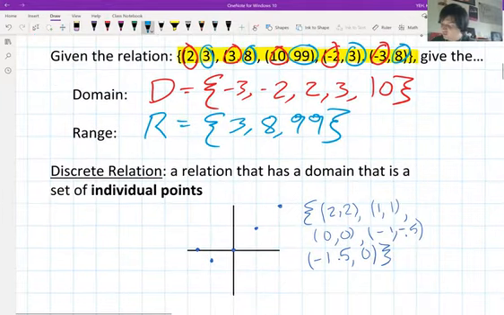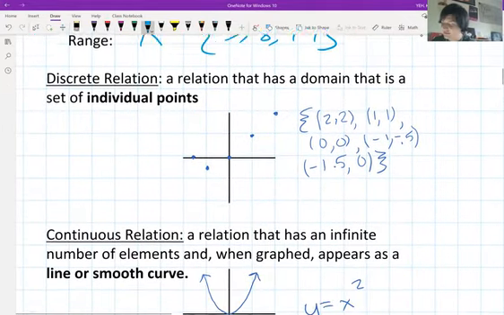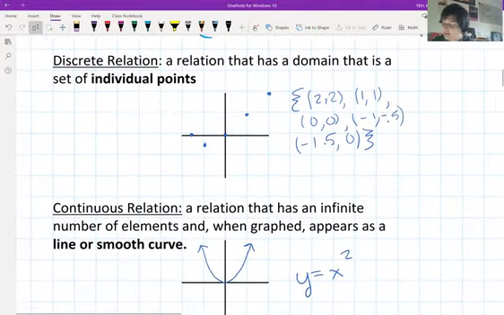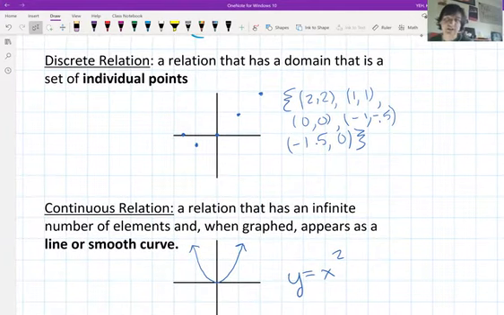So there are a couple different kinds of relations that we're going to look at. And so I'm putting them on the screen right now. The first type is what's known as a discrete relation. A discrete relation is a relation where all of the points are not connected. They are just individual points out there floating around. As you can see from the graph, it almost looks like a check mark.